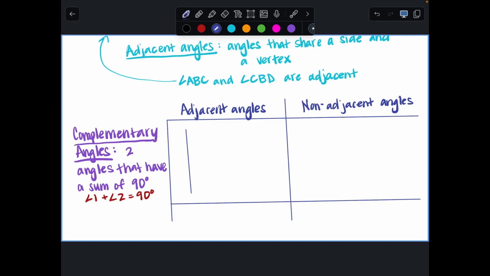So here's an example of complementary adjacent angles. Angles can also be complementary when they are non-adjacent.